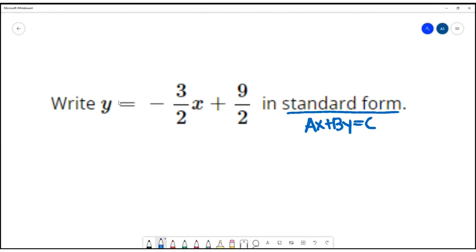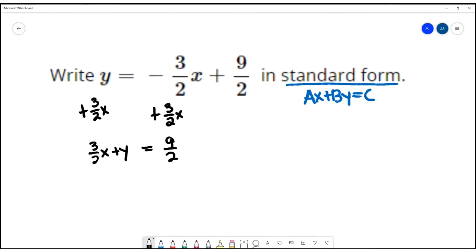Here we have y equals negative 3 halves x plus 9 halves. So we want the x and y terms on the same side, so I'm going to add 3 halves x on both sides. This is 3 halves x plus y equals 9 halves.